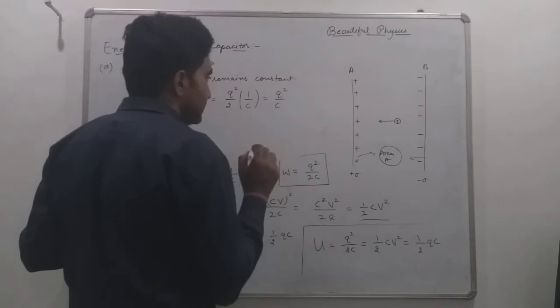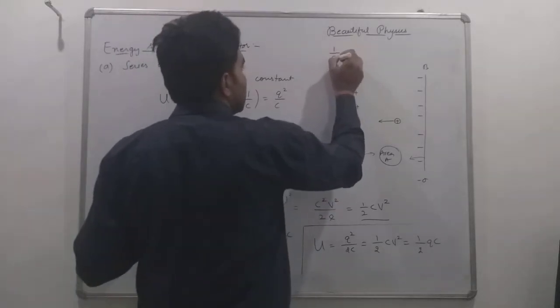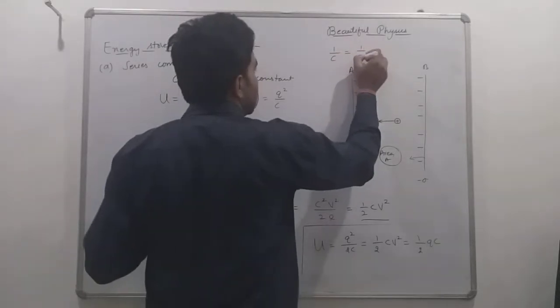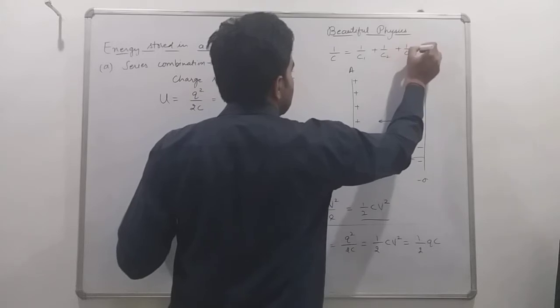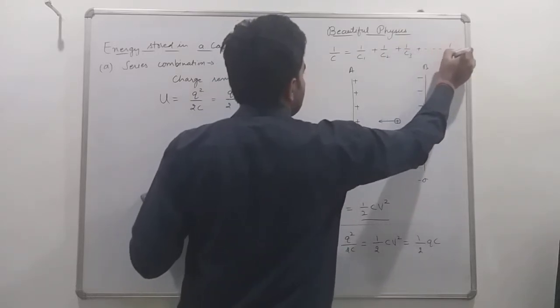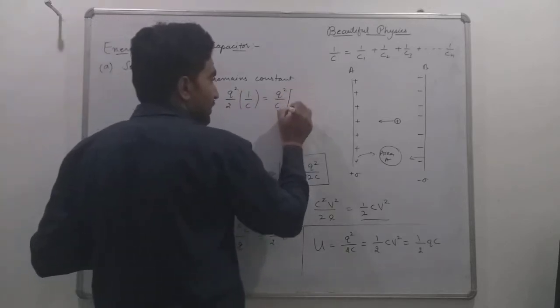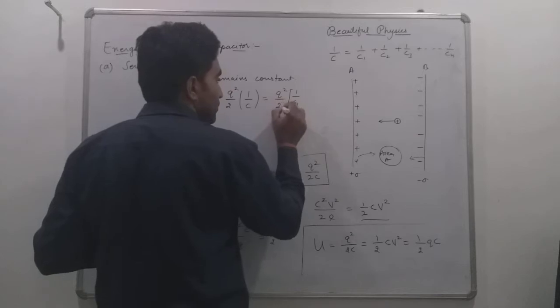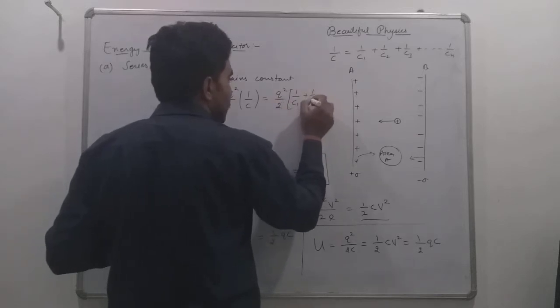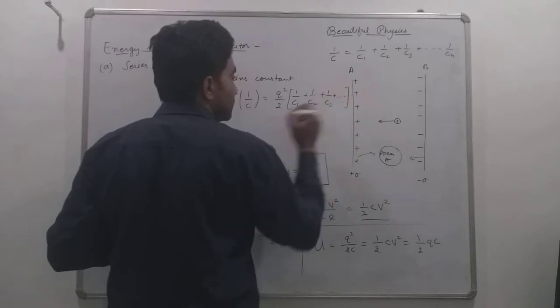We know that in series combination the total capacitance is given by 1 by C equals 1 by C1 plus 1 by C2 plus 1 by C3 up to 1 by Cn. So in place of 1 by C we can write 1 by C1 plus 1 by C2 plus 1 by C3 and so on.